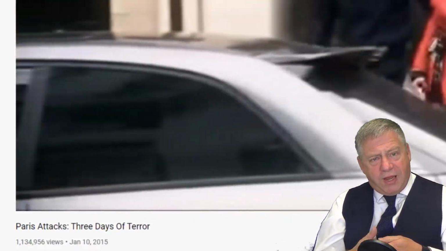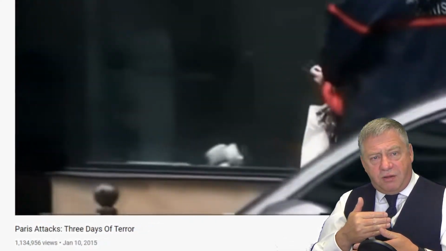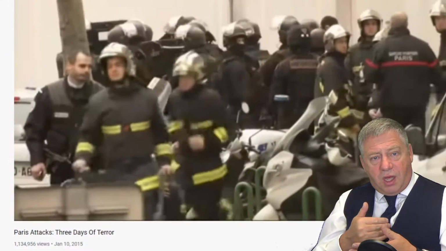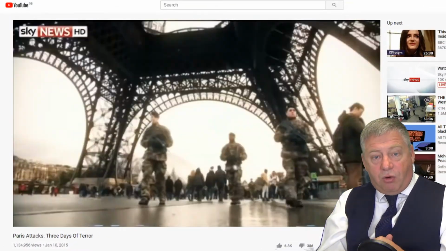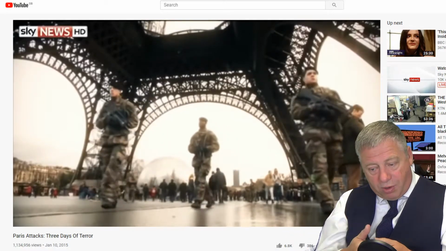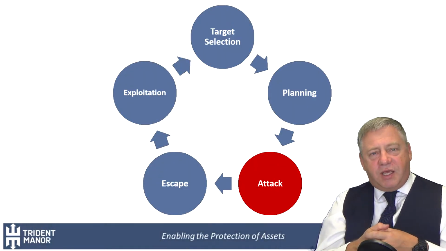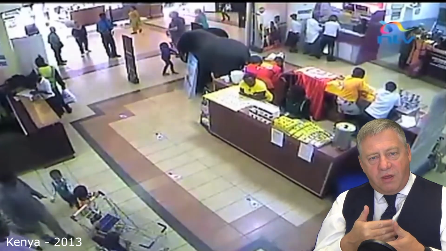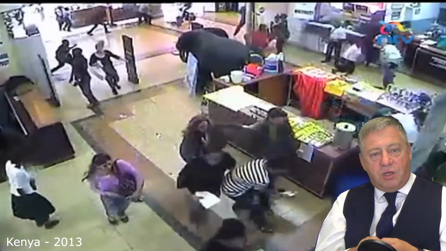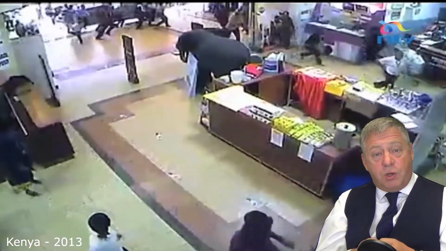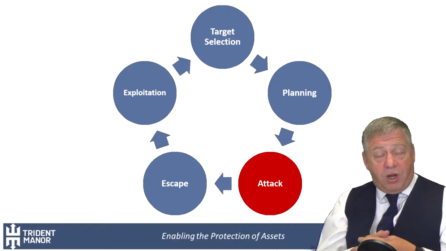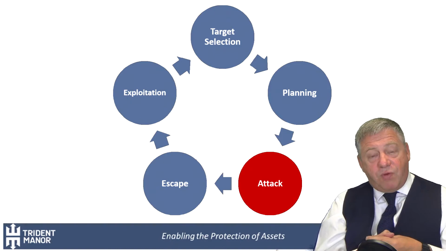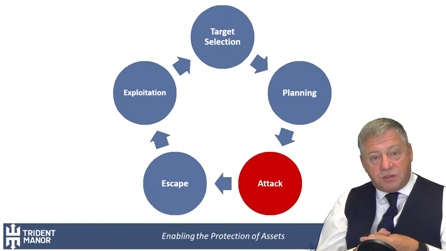But when we're looking at violence, attacks are normally very quick, very fast, and they can be over quickly or they can be prolonged. Generally, an attack is very fast so that the criminal or the terrorist will be able to achieve their goal and escape with whatever their reason for attacking was in the first instance.